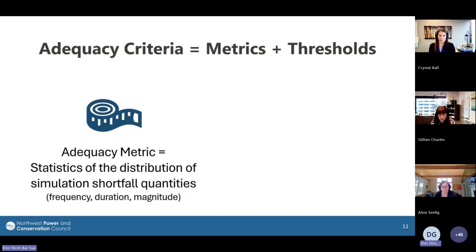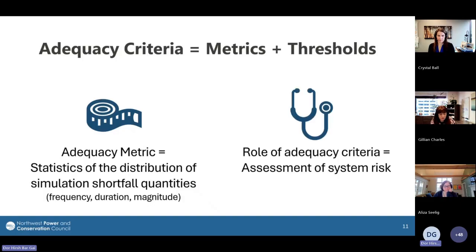Think of a metric as a measurement from a statistical observation, and we tend to talk about frequency, duration, and magnitude of simulated events. Thresholds are just that target that we use as a binary above or below. It's just that number that you're using as the target that would satisfy adequacy.